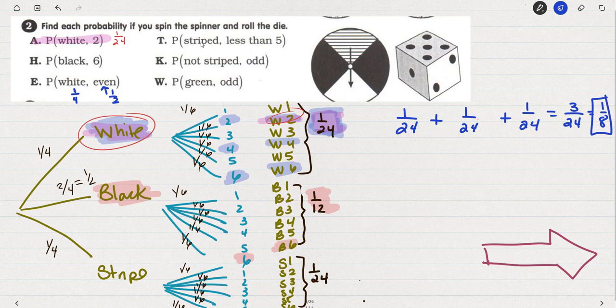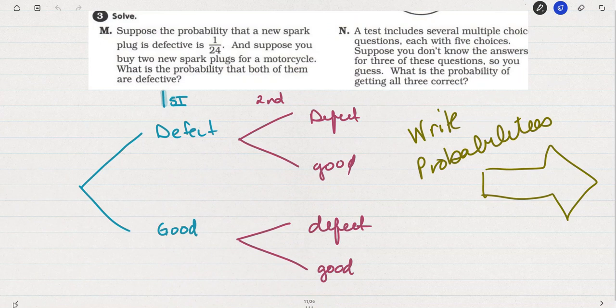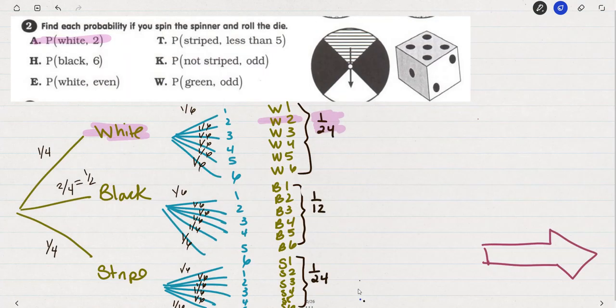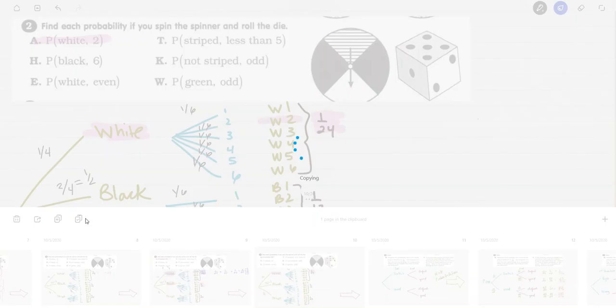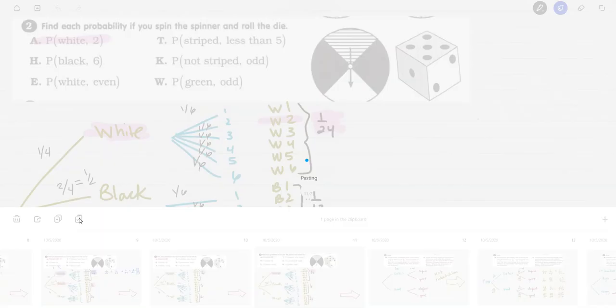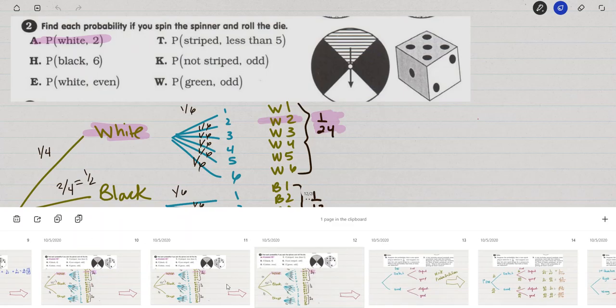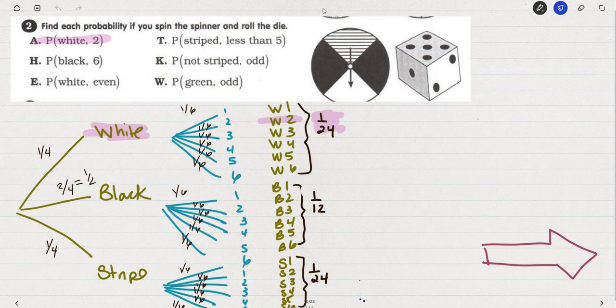Let's look at these others. This striped, let me go to another page where it's not all marked. If we do the probability of striped and less than 5, let me get a new page here so that it's not too marked up for us.